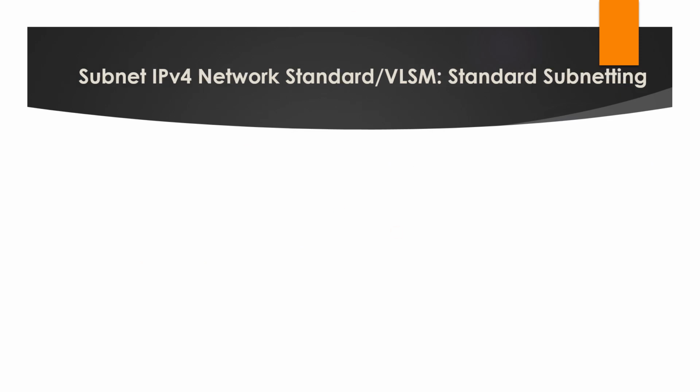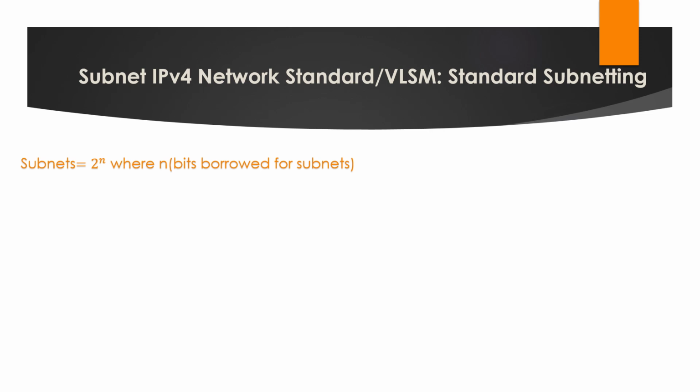For creating subnets, we have to borrow bits from the host portion of the IPv4 address provided by the Internet Service Provider. With the bits that you borrow and the bits that are left in the host portion, you will be able to identify how many subnets you can create and how many hosts you can connect in each subnet.